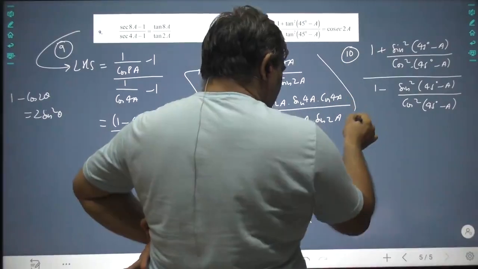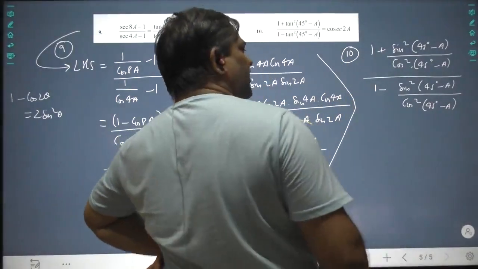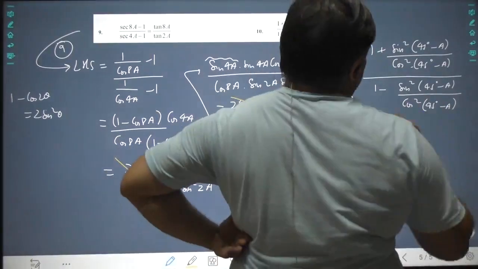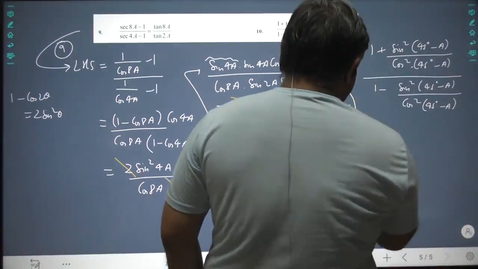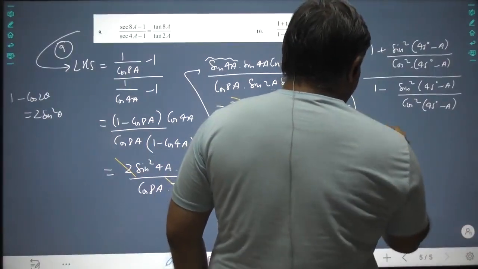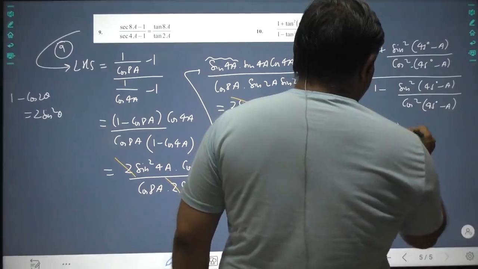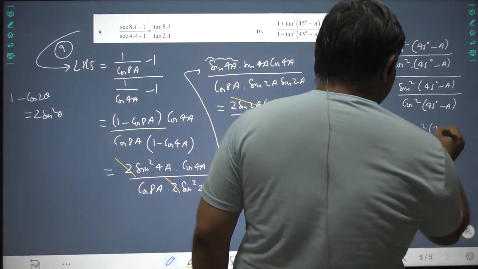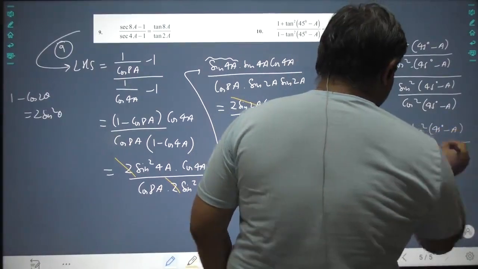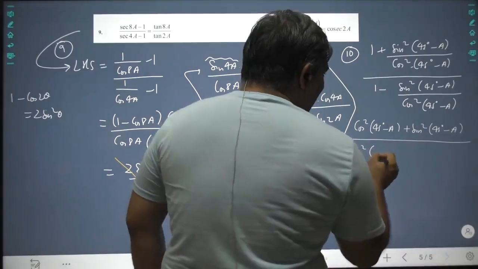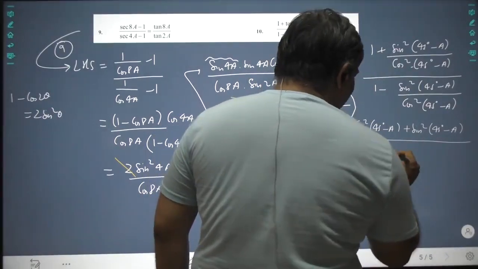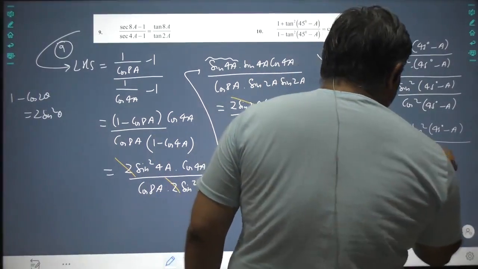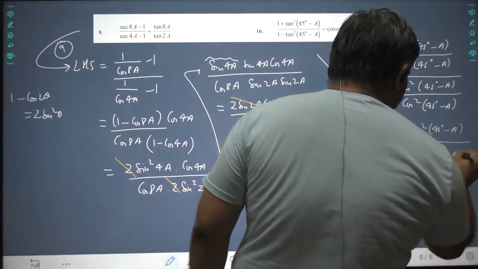Now what I do, I multiply numerator and denominator by cos square 45 degree minus a. So I have cos square 45 degree minus a minus sine square 45 degree minus a. My eyes are again twinkling.